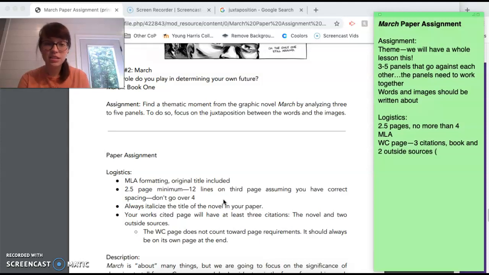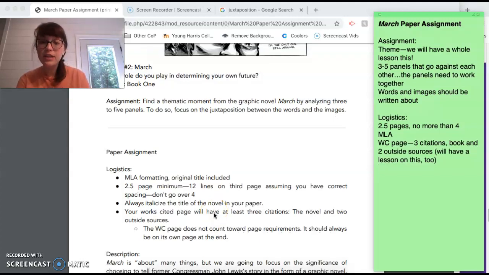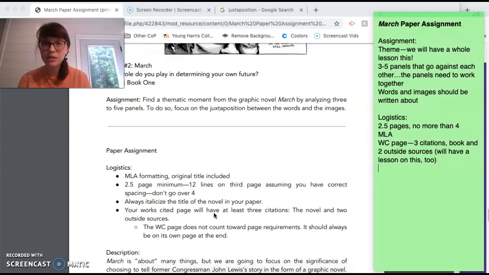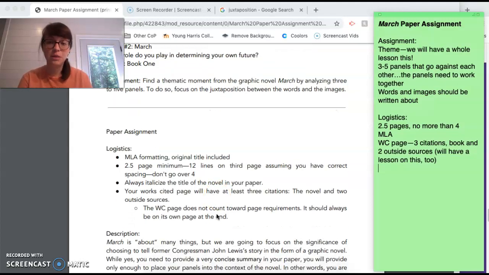We'll have a lesson on this too. Remember that the works cited page does not count towards page requirements. It should always be on its own page at the end. So even if you have 4 full pages for this paper, which is a very easy thing to do, page 5 will be your works cited page, and that's exactly how it should be.